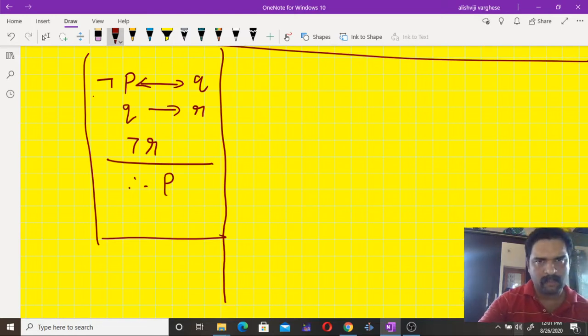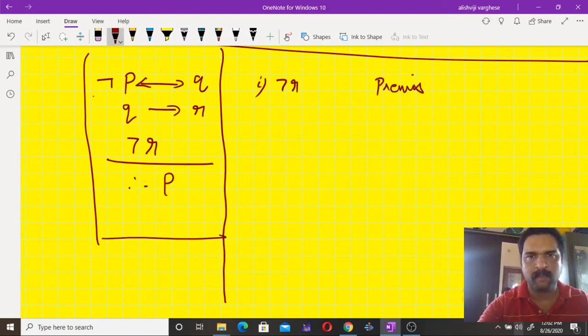Anyway, first we can start with the simplest argument, which is given negation R. It is our premise.